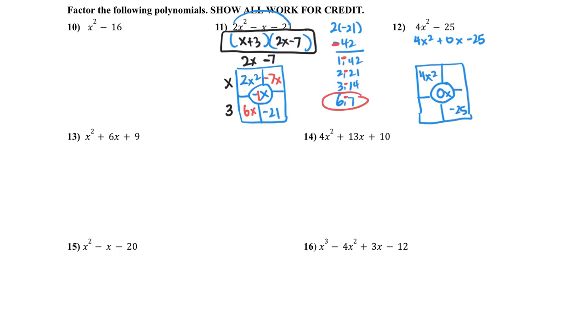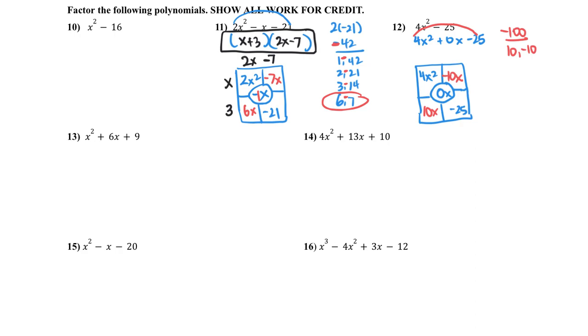And so when I'm looking for my factors here, I'm looking for factors of 4 times negative 25, or negative 100. And I need them to add to 0. So that means it has to be the same, and that's going to be 10 and negative 10. So 10x and negative 10x before I divide out my greatest common factors of each row and each column.